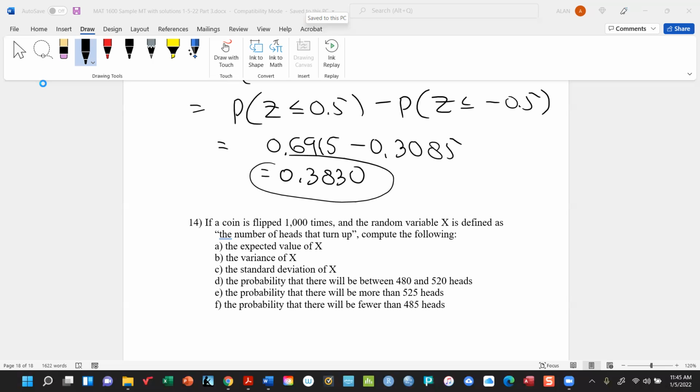So the first thing we want to do is write down some of the key details. For example, we know that there are 1,000 trials because the coin is being flipped 1,000 times.